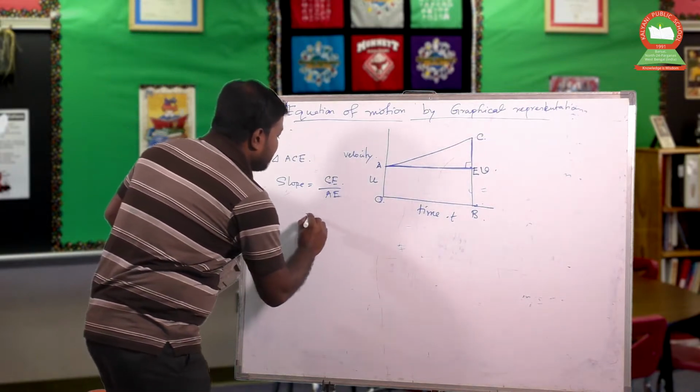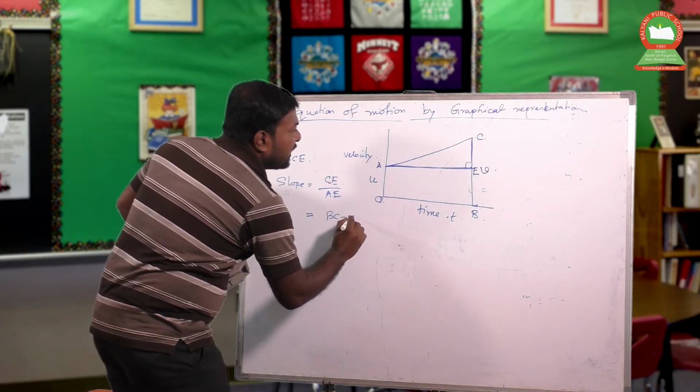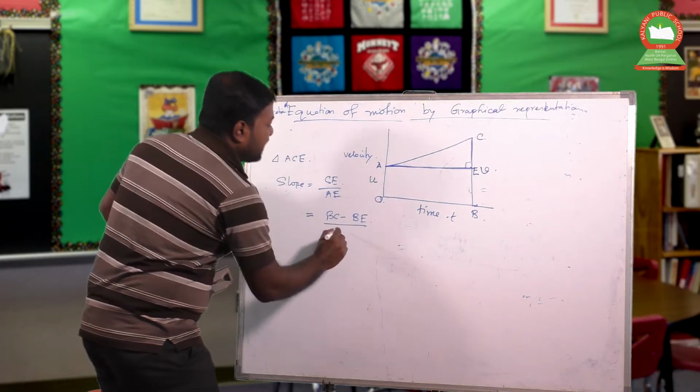Now CE is nothing but BC minus BE, and AE is nothing but OB.